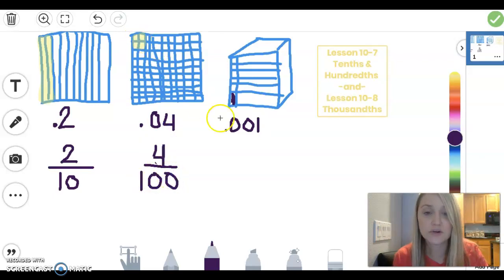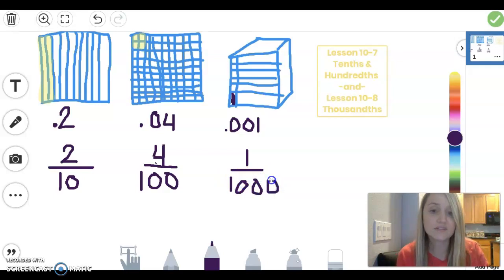That's because I colored 4 in here. And then this would be 1,000th. Okay, so the important thing to remember is whatever place this number is. So 2/10 would be 2/10, 4 hundredths would be 4/100, and 1/1000th would look like this, all right?